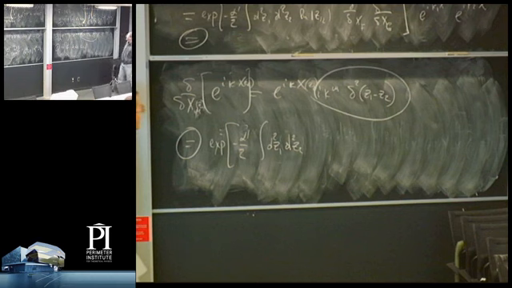Now each of these will bring a delta function and will bring ik. So I will have ik1^mu times the delta function. This one is at 1, this one is at 2, so this gives delta function of z1 minus z2.